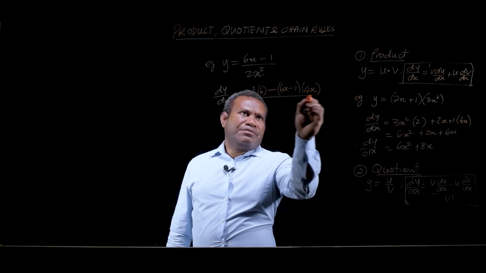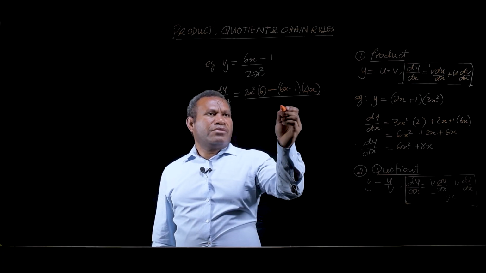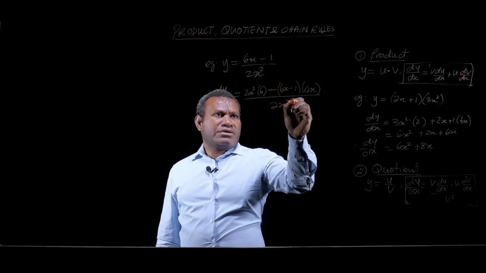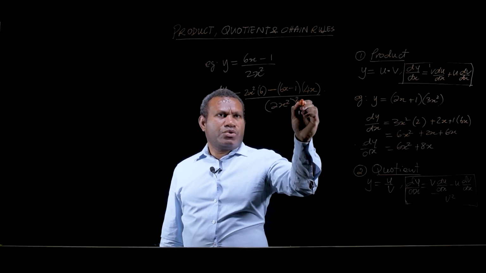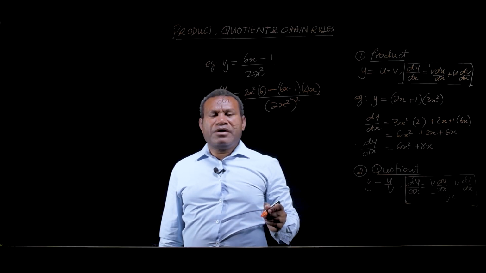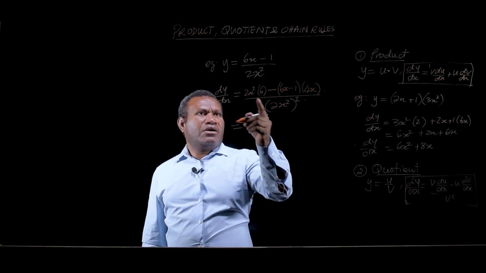Right, and then divided by, don't forget your last function at the bottom, in the denominator, it will be 2x squared again. Right, so the next part of our working out is to expand this one and collect like terms, which is the numerator.